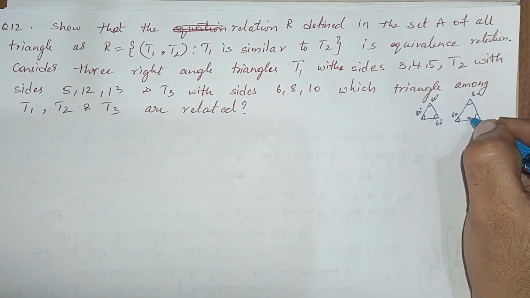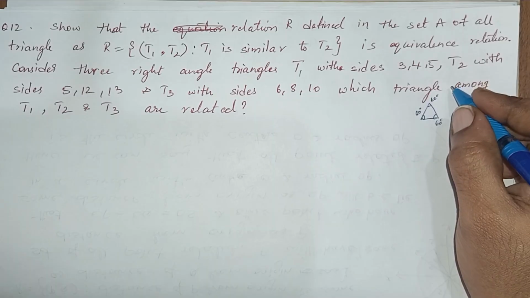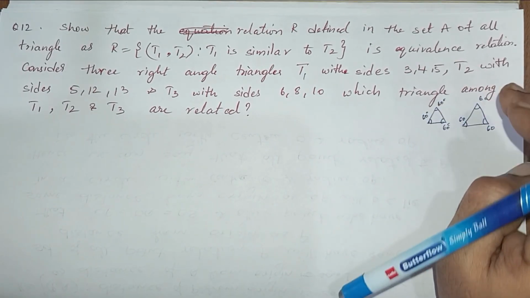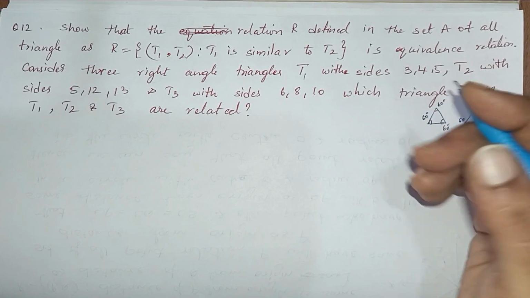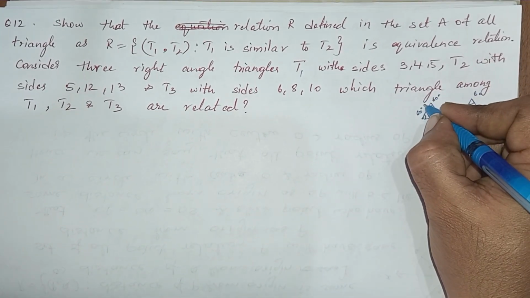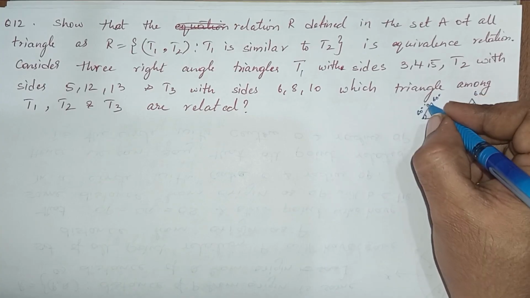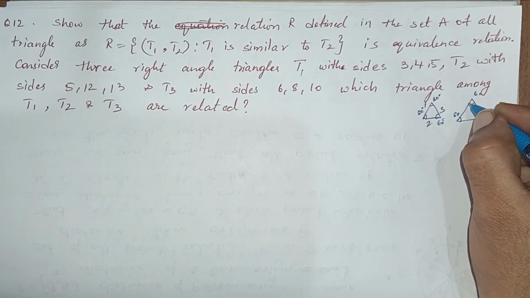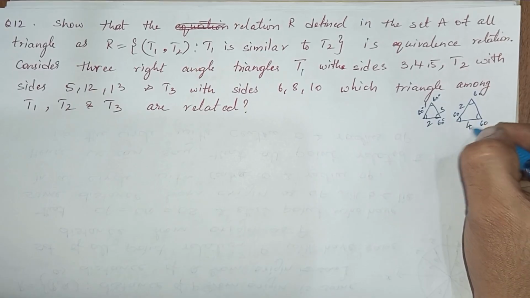So both will be in the ratio because all the angles are the same. So angle 1 will be similar to angle 2, and sometimes the sides are also in ratios, that is 1, 2 and 3, and this will be 2, 4 and 6.